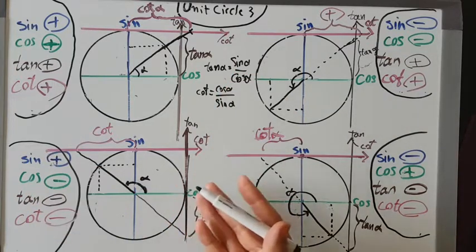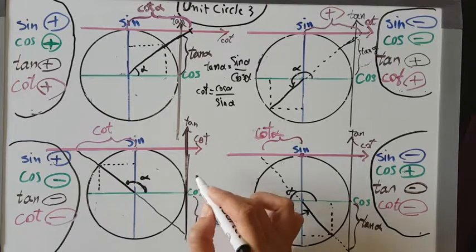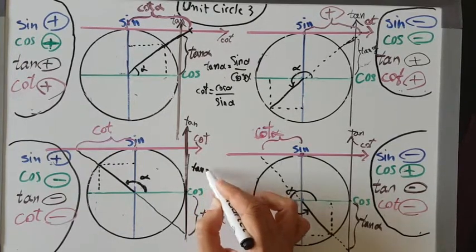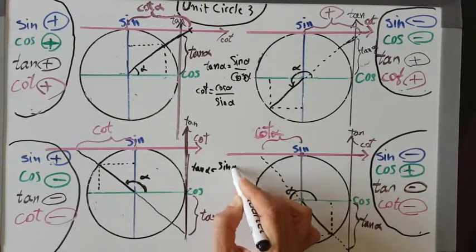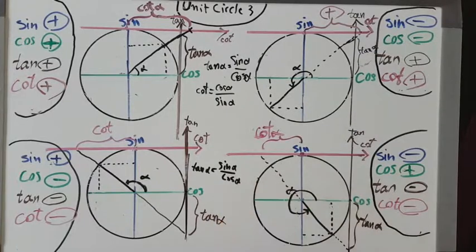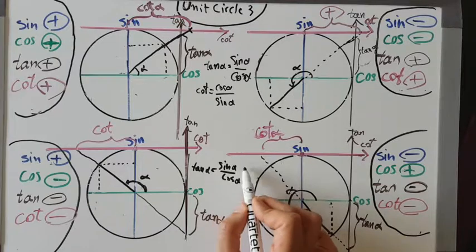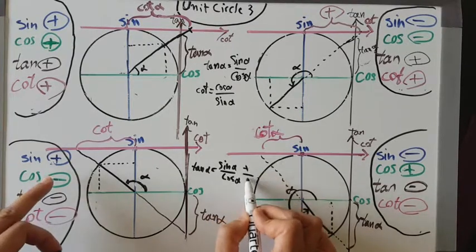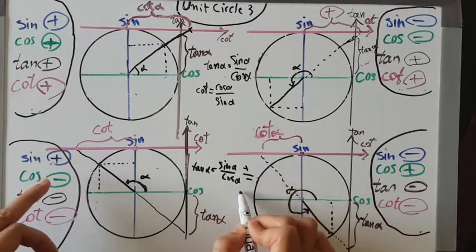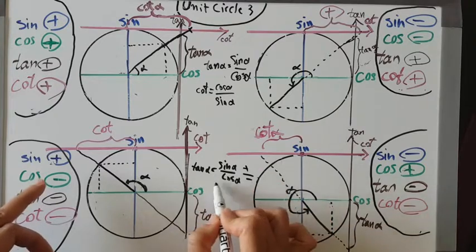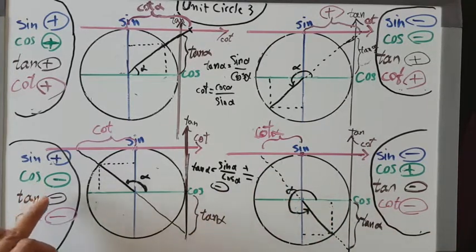In every quarter, for example in here, tan of alpha is sine of alpha over cosine of alpha, and one positive over a negative gives you a negative answer. That's why the tan ends up being negative.